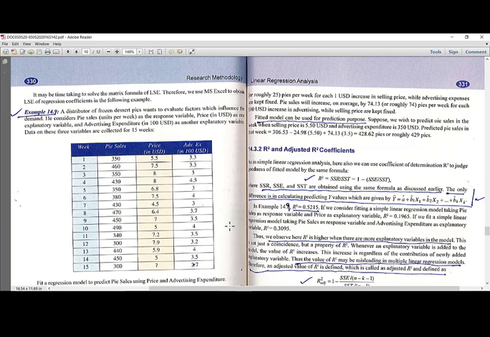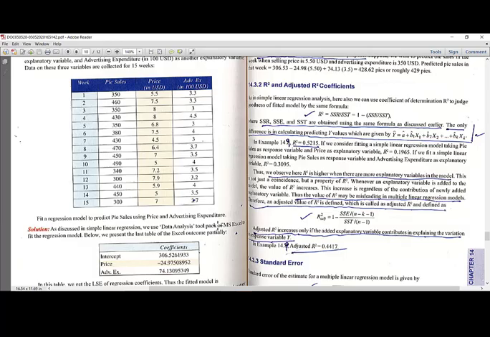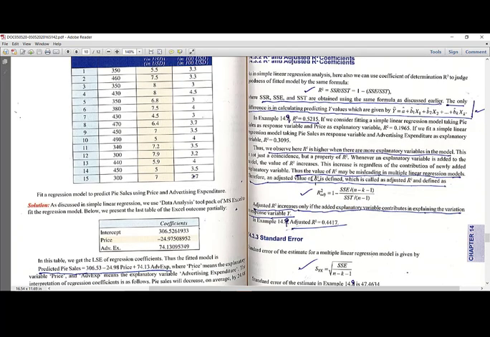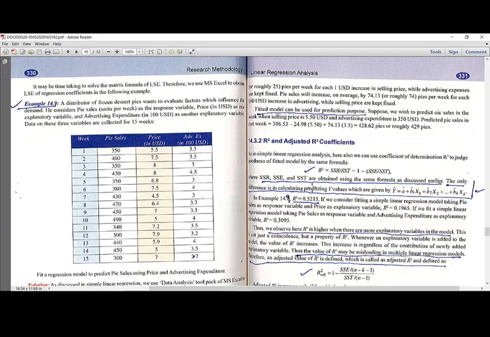While if you spend $100 on advertising as advertising expenses, then the increase in pie sales will be 74.13 units, roughly 74. That is the meaning here.